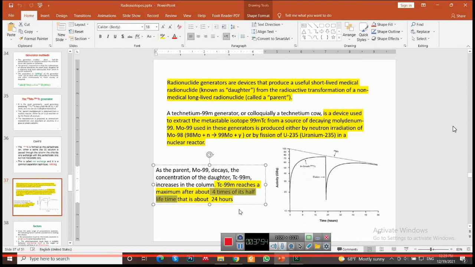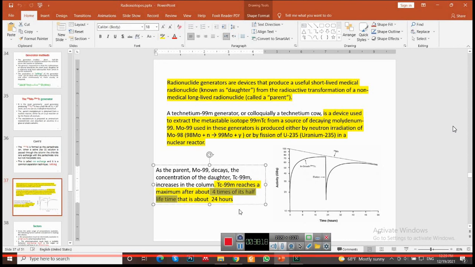In other words, the maximum amount of technetium-99m is obtained 24 hours after the first milking.